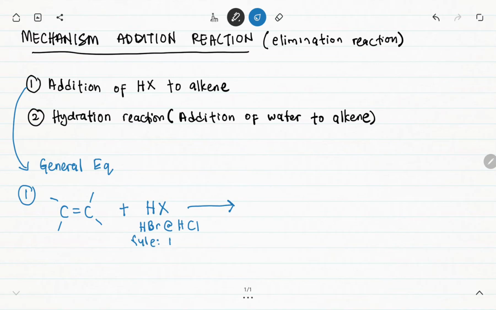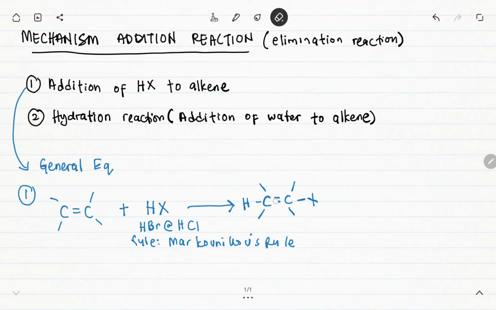Our rule is Markovnikov's rule. So we add hydrogen atom first into the carbon-carbon double bond. Next, we add halogen into the carbon-carbon double bond, and our final product should be the formation of a saturated compound, which has single bonds.